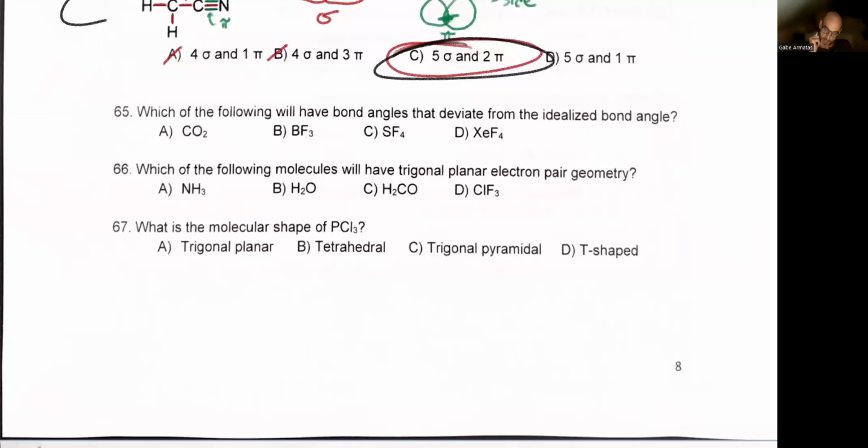Which of the following have bond angles that deviate from the idealized bond angle? So which of these have things that deviate? An idealized bond angle is essentially when there are no lone pairs. All of the geometries with no lone pairs, or no multiple bonds, are pretty straightforward.